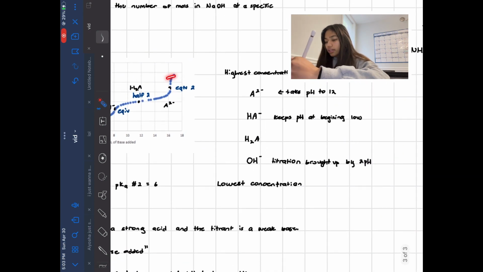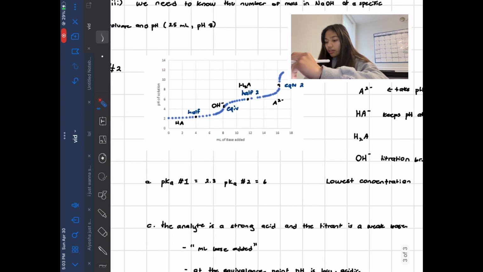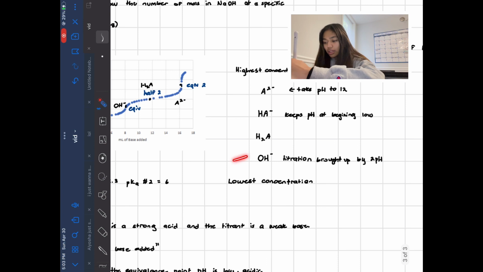And a 12 is a high pH. And then HA, I would say, is the strongest acid because it does not allow OH to get very far up. So I put it at the bottom, and I would say our second acid would just be in between.